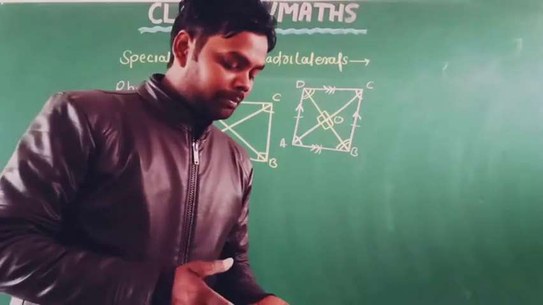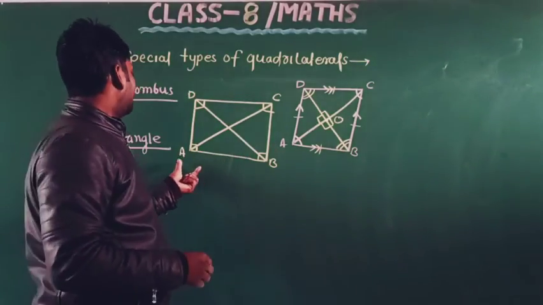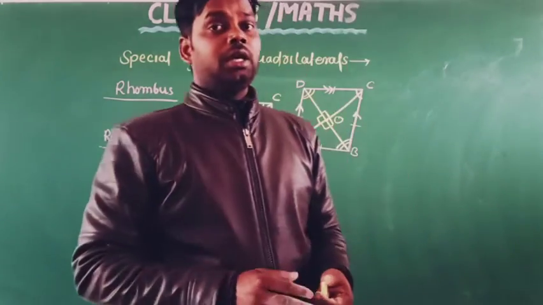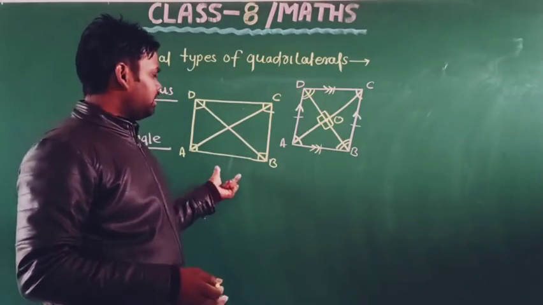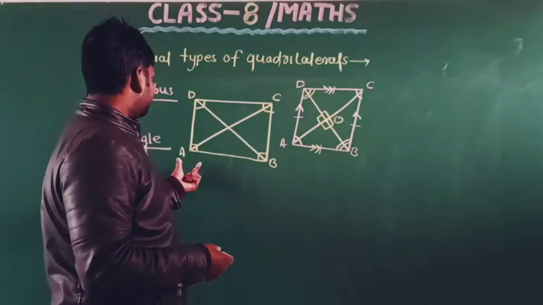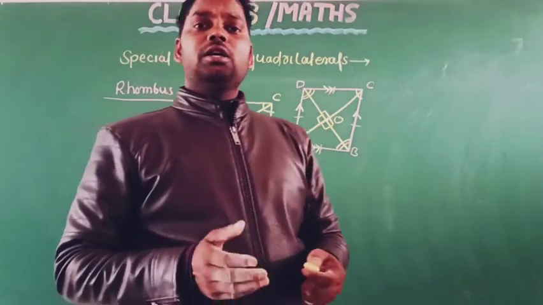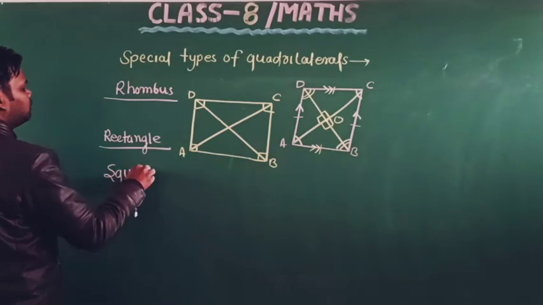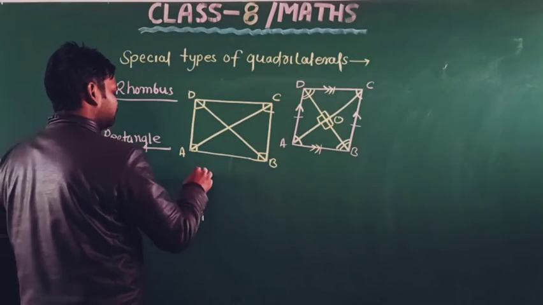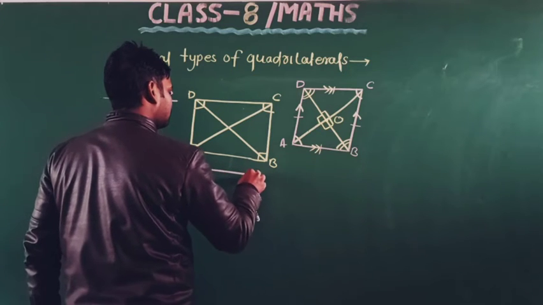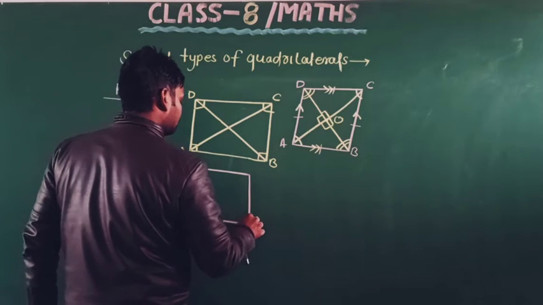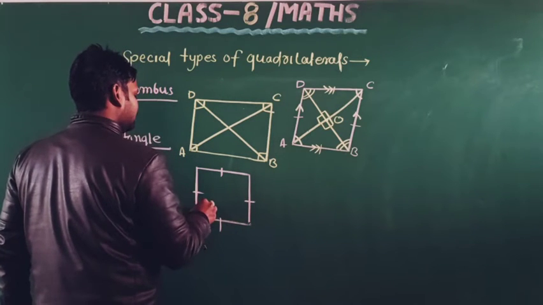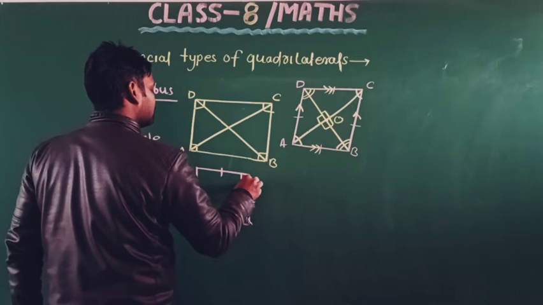And similarly, if all sides of a rectangle are equal, meaning all sides are equal and each angle is 90 degrees, then the rectangle is called a square. So in a square all sides are equal and each angle is 90 degrees.